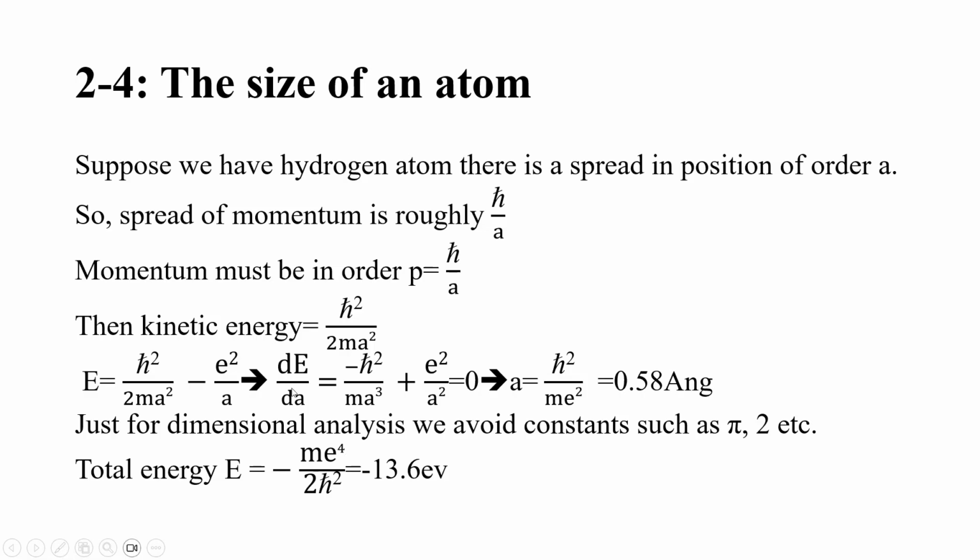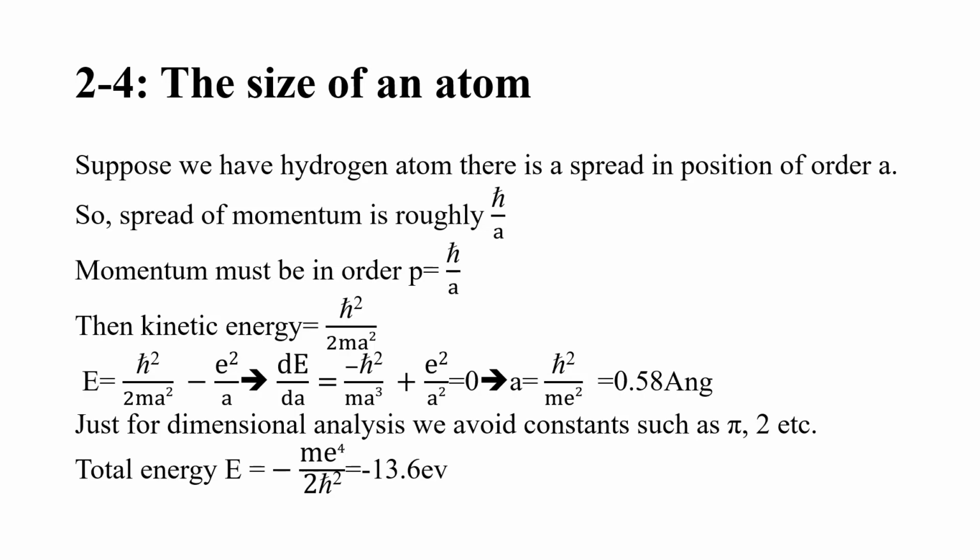After that, when we differentiate it with respect to A, we get this kind of solution over here. Now we can calculate it, and we find 0.58 angstrom. Just for dimensional analysis, we avoid constants such as pi and 2, etc.